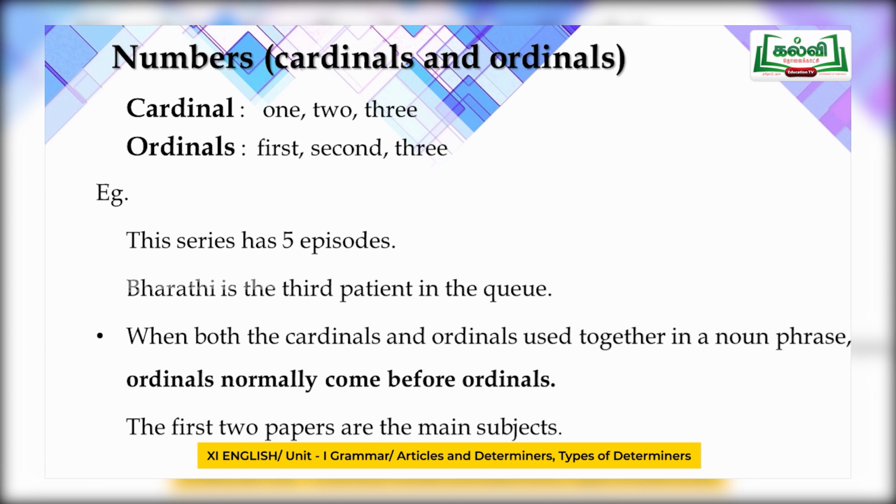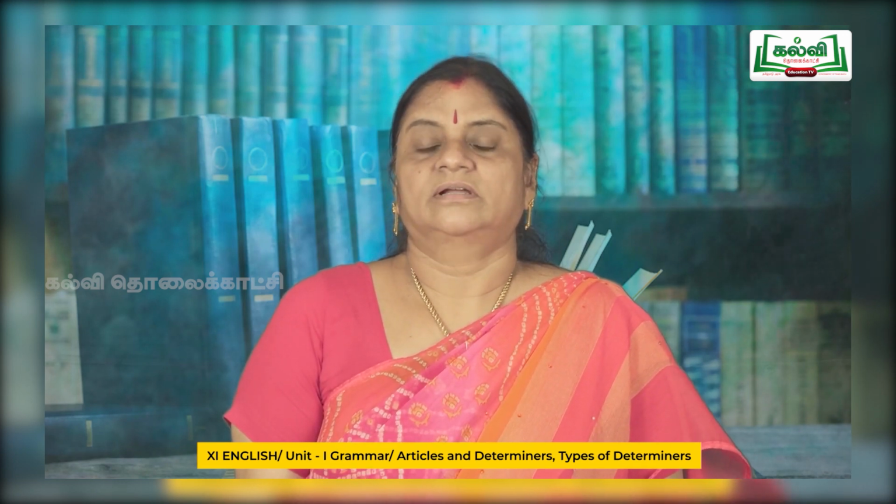The first two papers are the main subject. Here, first is the ordinal number and 2 is the cardinal number. So when two words, cardinal and ordinal, are used in the same sentence, ordinal comes first and cardinal comes second. Hope you all understand what is cardinal and what is ordinal.